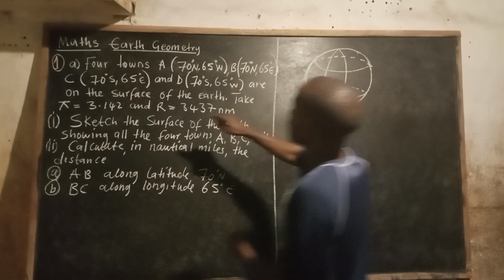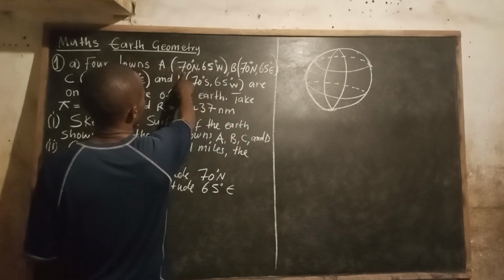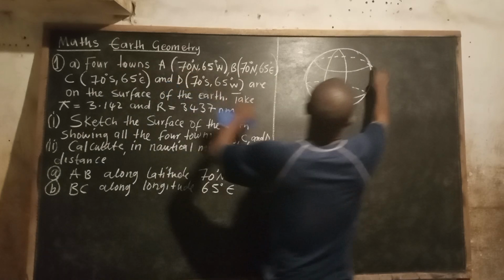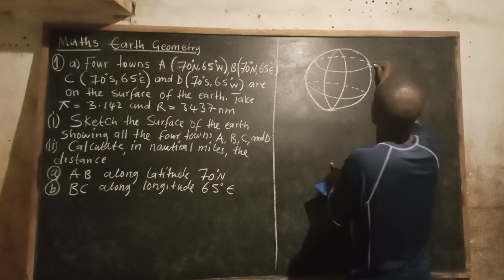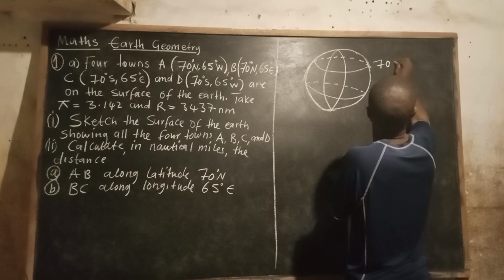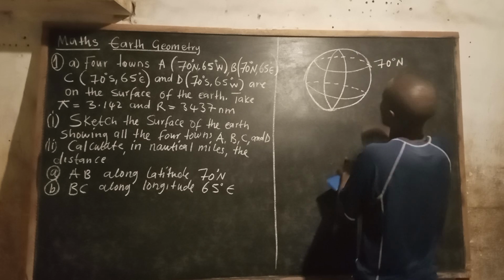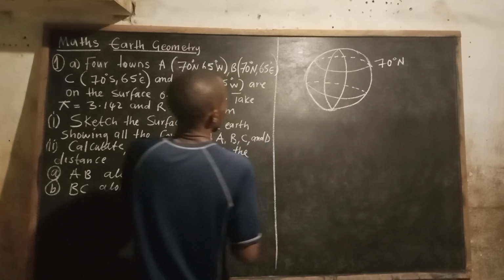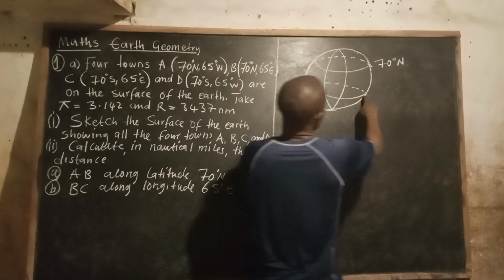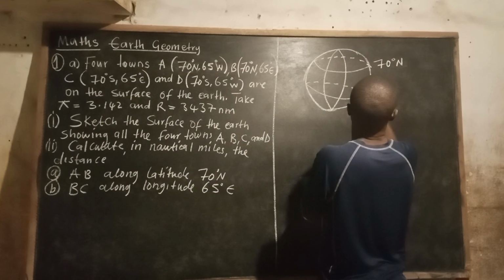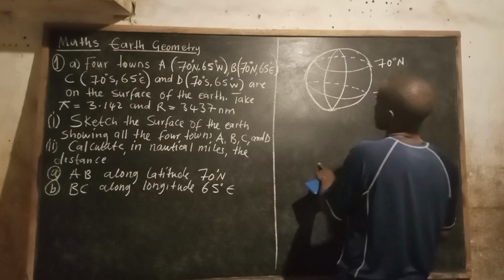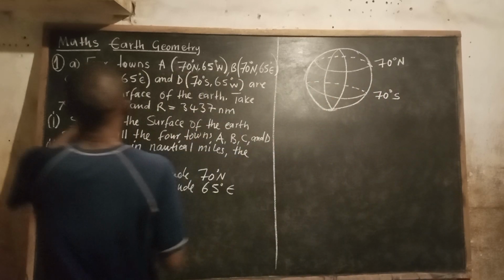Point A, we have 70° north. So north is this side, 70° north. That's the latitude. Then again we have 70° south, so 70° south is this one. Then we come to longitude.